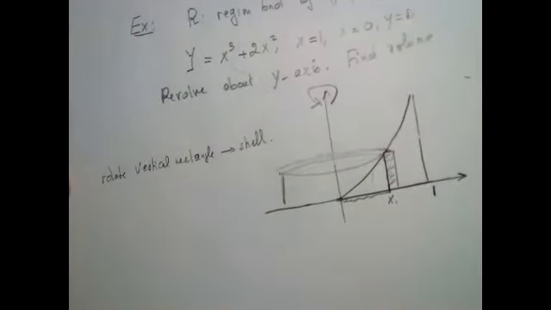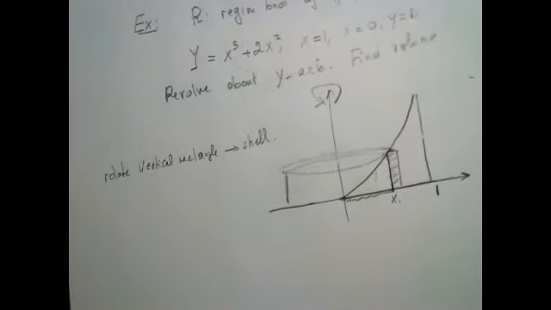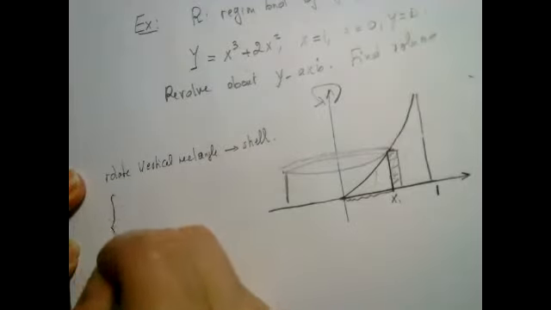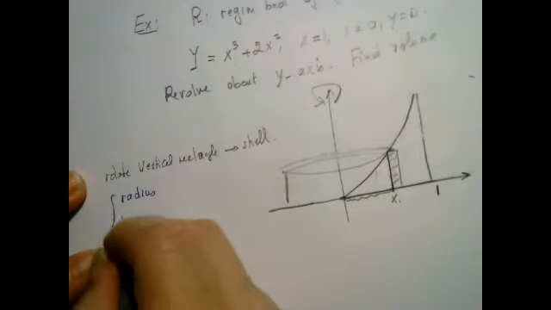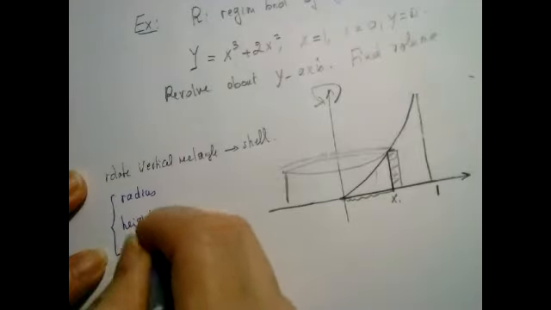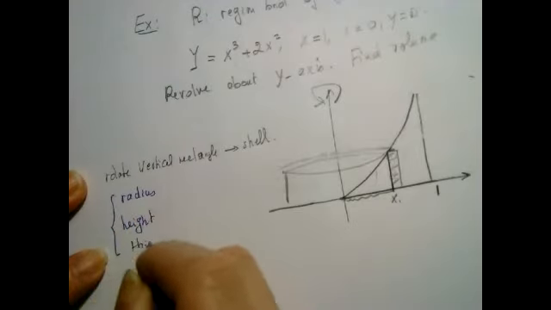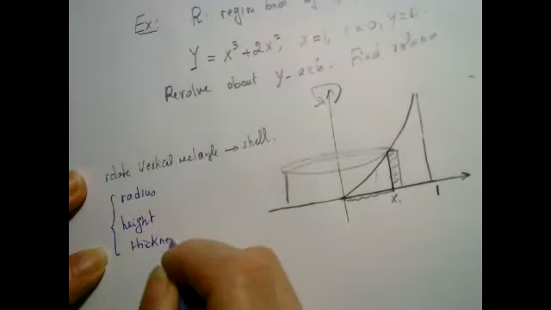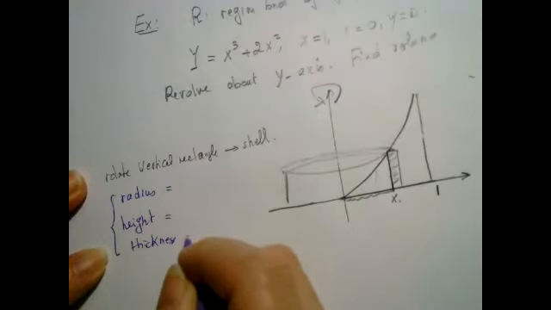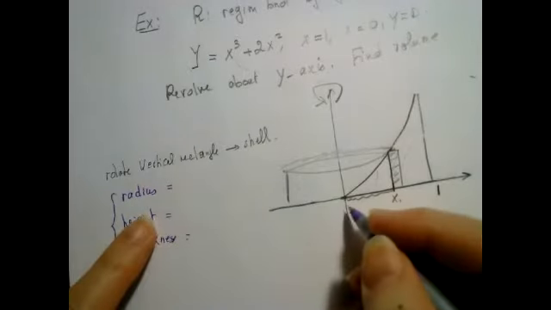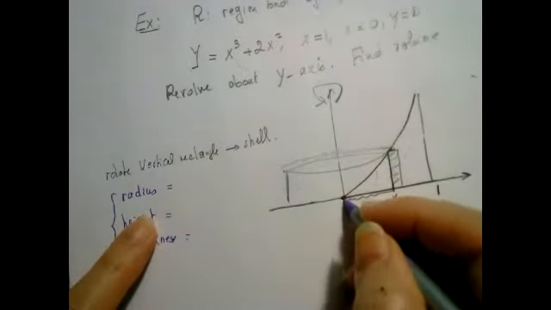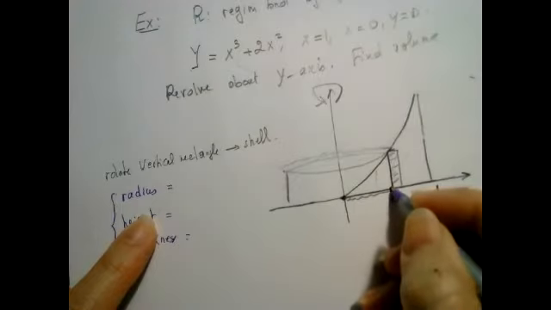The idea is I need the volume of a typical shell. So I need the radius, I need the height, and the thickness. So it's a verbatim application of what we did a minute ago. The radius, as I said, is from the axis of rotation till xi.